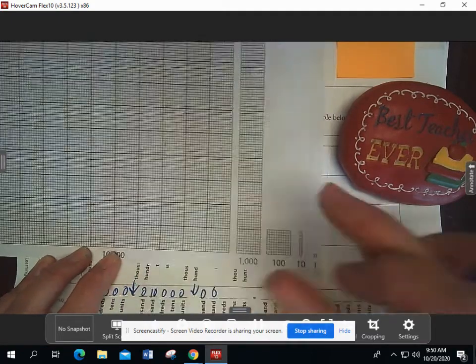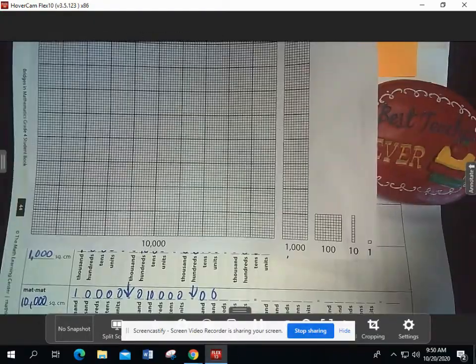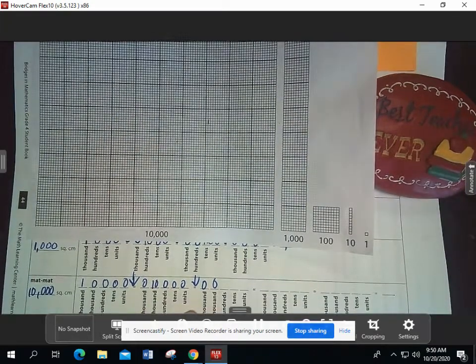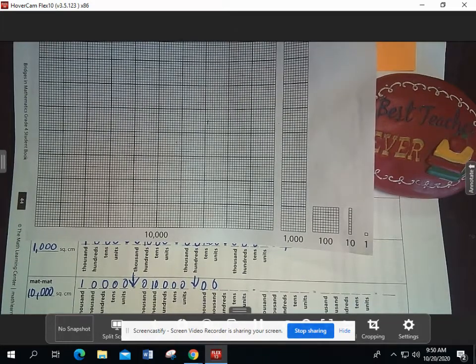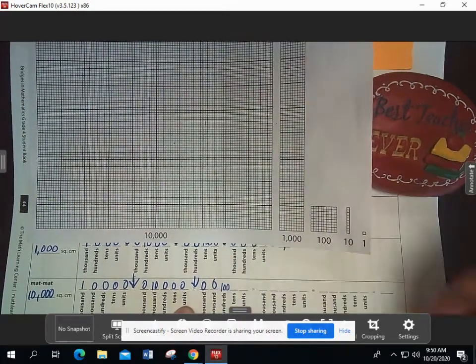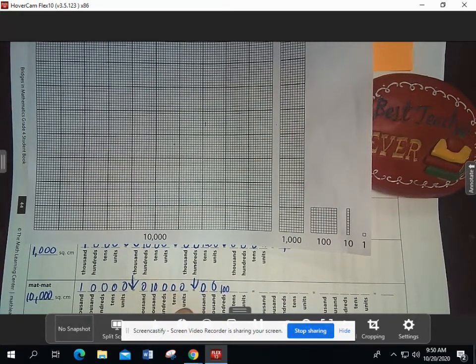How many is that? If I counted all of them. It is a lot. Okay, Reese, are you guessing? Good try. Akaya? 100. 100 groups of 100.